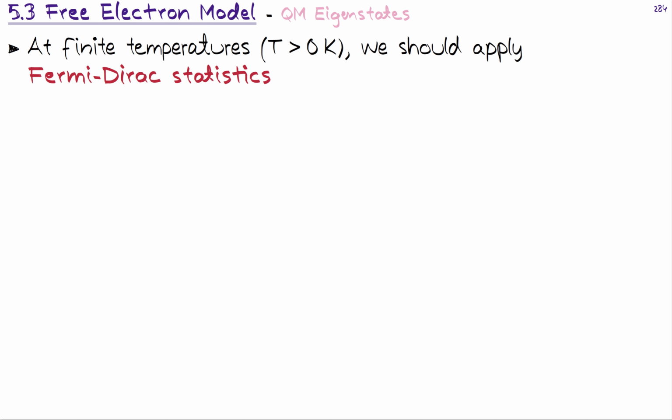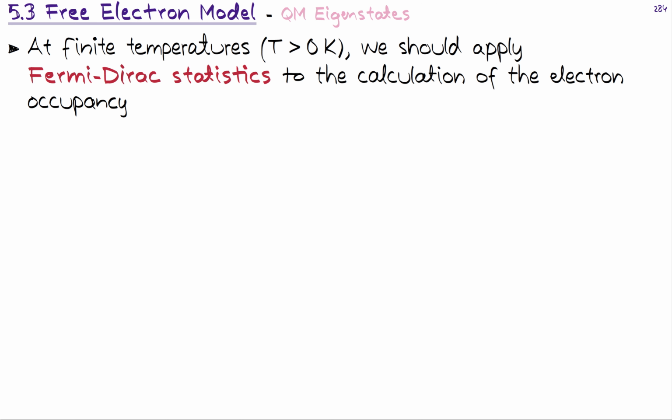Then we know that we should apply the Fermi-Dirac statistics to the problem at hand, and that would give us tools to calculate the final electron occupancy. What is the probability of an electron to be in a given energy state?